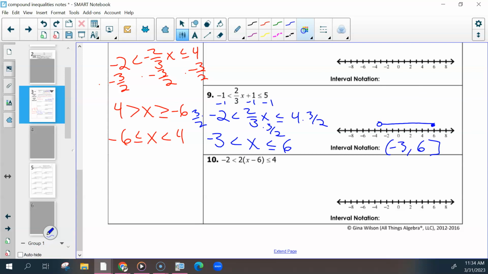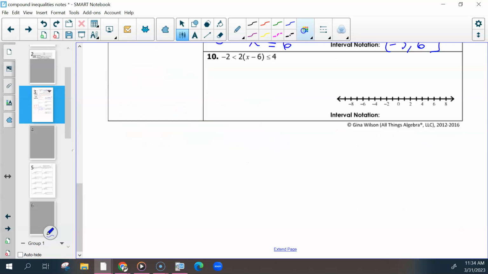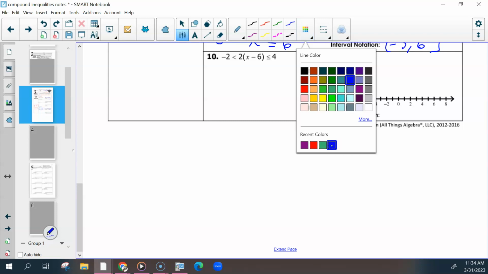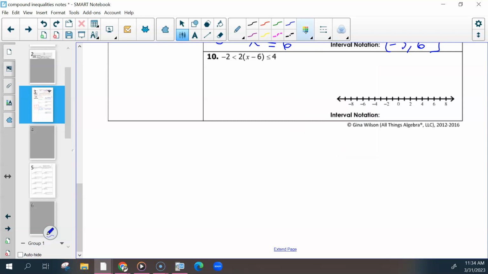Other questions? Cameron? Sure. There are 2 different ways you can go about doing this. One, because all of the numbers can be divided by 2, the 2, the negative 2, the 4, you could divide everything by 2 first. Or you could distribute and then solve. Your choice. Let's say we just distribute because that's what we're used to.